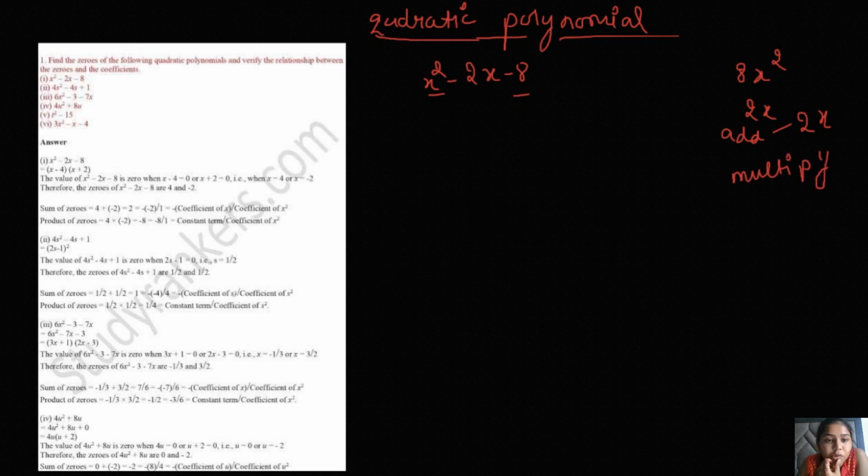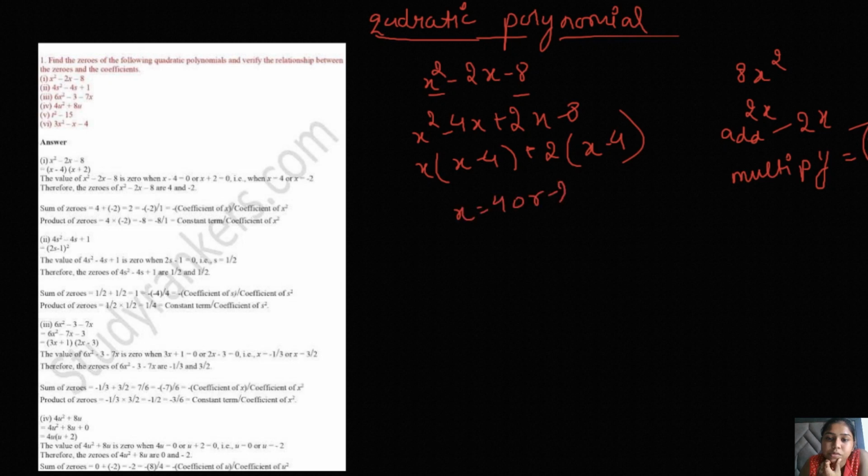Am I right? We have to take the two terms which multiply to form 8 and which added or subtracted form 2x. So we'll get 4 and 2. These are multiplied to get 8 and these are subtracted or added to form the 2. So we'll get something like this. And x will be equal to 4 or minus 2.